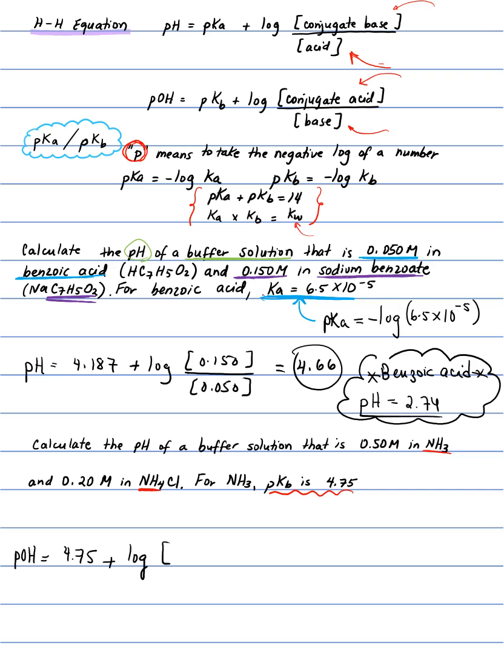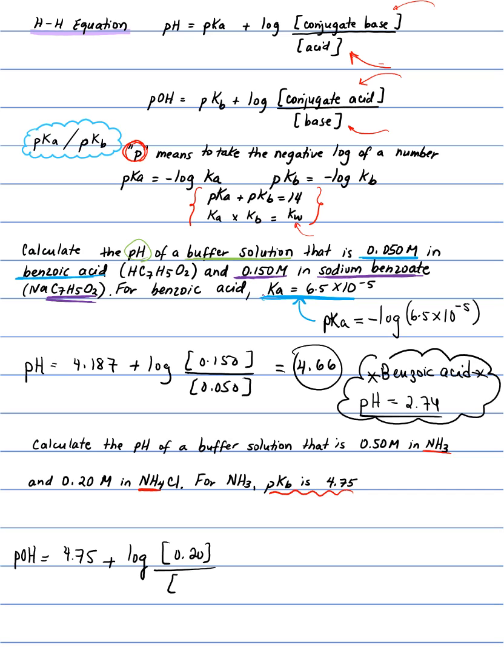On the top part for this one, we need the conjugate acid. Ammonia NH3 is the weak base. Your ammonium chloride, containing NH4+, is the conjugate acid of NH3. That's the one that goes on the top part.